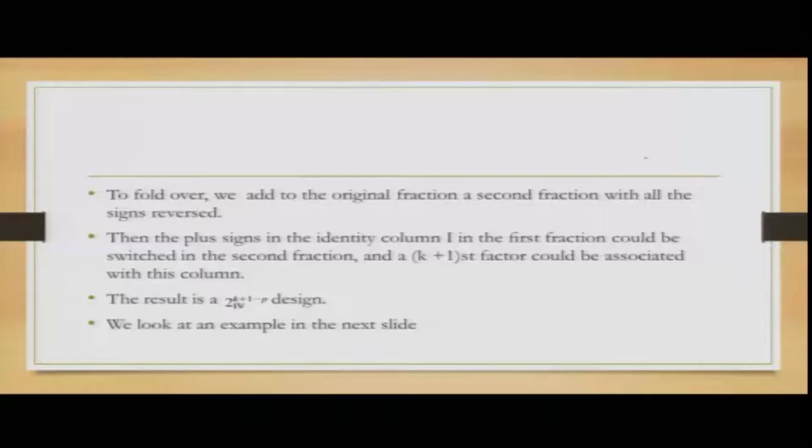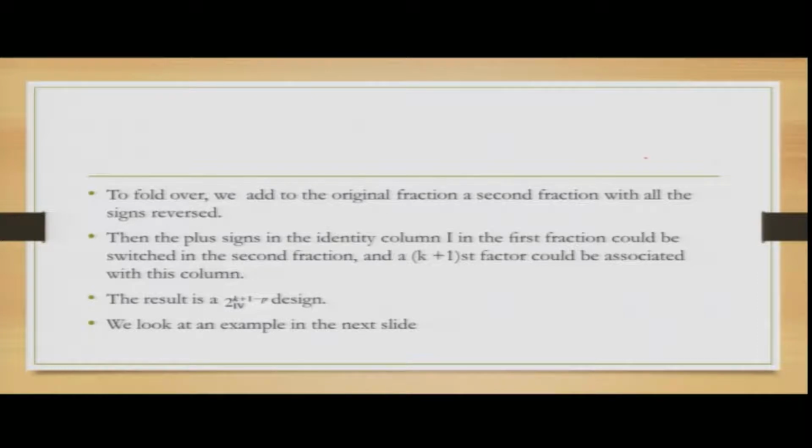To fold over, we add to the original fraction a second fraction with all the signs reversed. So, as you are doing the folds, we will basically do the combinations of the plus and minus signs and continue doing that such that we get the maximum set of information.